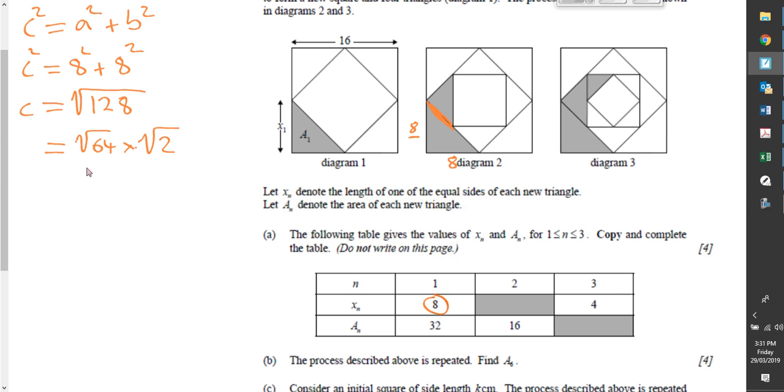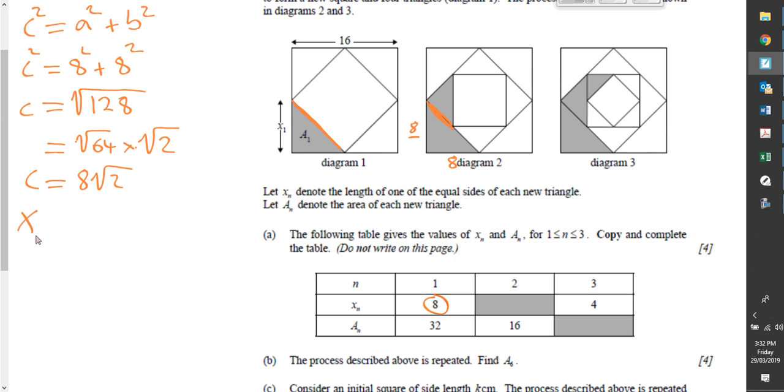Okay, so that simplifies, using our surd laws, the square root of 64 is 8, so we get 8 roots of 2. So that's the hypotenuse, and that gives us this whole length here. But we want to know half of that. So I'm going to divide that by 2.